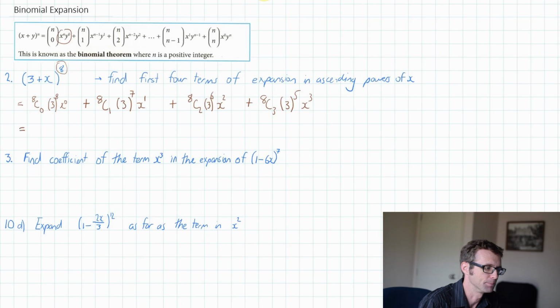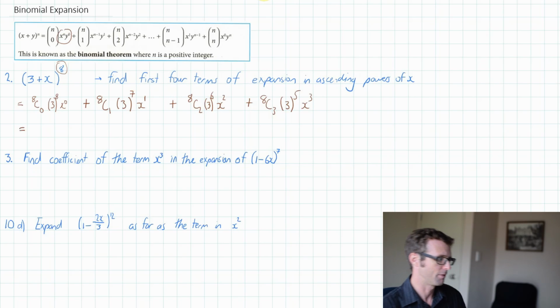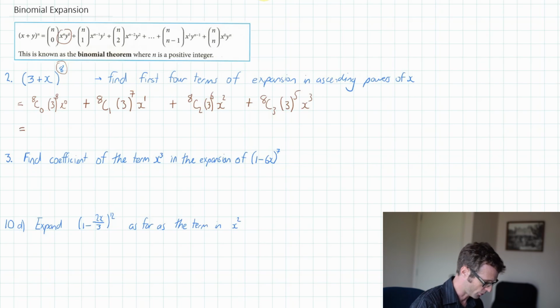We're going to simplify. 8 choose 0. You can do this on your calculator, but anything choose 0 is 1. So it's going to be 1 times 3 to the power of 8, which I do not know. 3 to the power of 8 is 6,561, times x to the 0, which is just 1. Now, the next one. 8 choose 1, that's going to be 8.